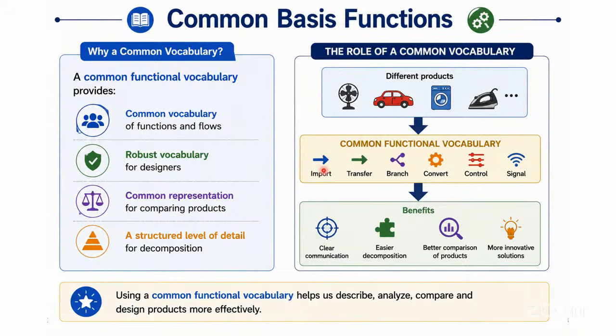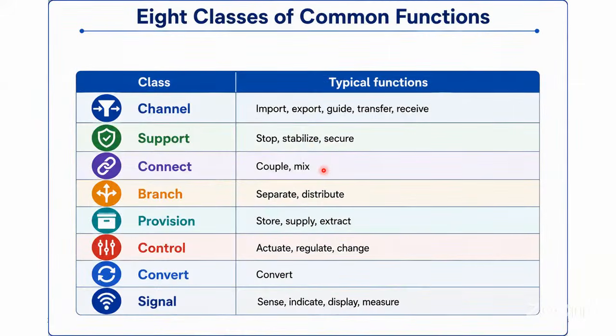It provides robust vocabulary for designers who are working in different areas, and it provides a common representation for comparing the products. It's a structured level of detail for decomposition. Using a common functional vocabulary helps us describe, analyze, compare, and design products more effectively. So that is the advantage of going for common basis functions.